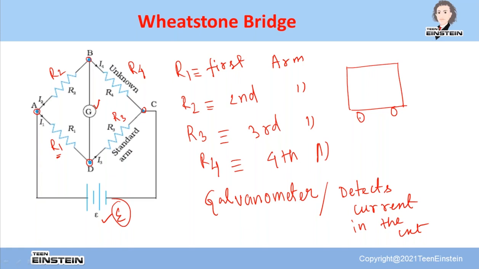So you'll see practically what will happen. There will be a kind of device with two knobs through which you can connect the wire to the circuit. And there will be a needle here.